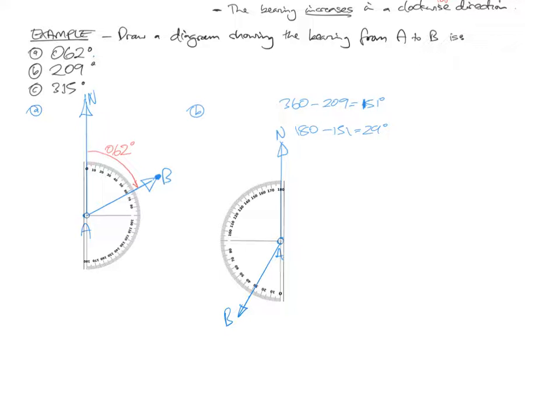But you still need to refer back to this bearings wise, so in the clockwise direction. So that is up to 90 at that point, up to 180 at that point, and 180 plus 29 is going to be 209 degrees.